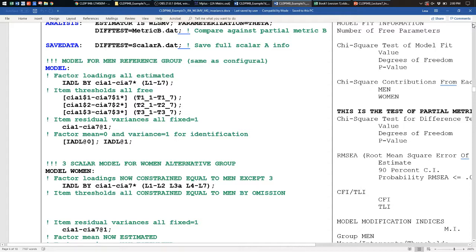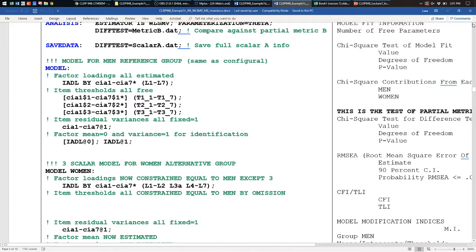When you say model women, what you're actually listing are only the things that need to be different. So in this case, we listed the loadings, which means make them different, but then we went ahead and constrained them to be equal to the top. I could have just not listed anything, except for the one that I wanted to be different.